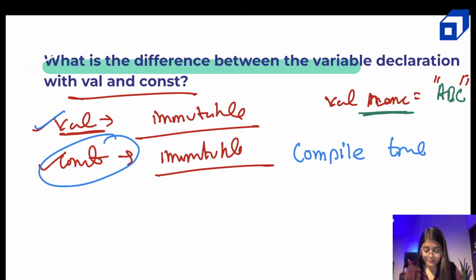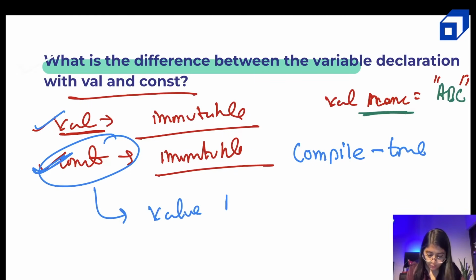This is the biggest difference between both of these. For const, the value of the variable must be known at the compile time.